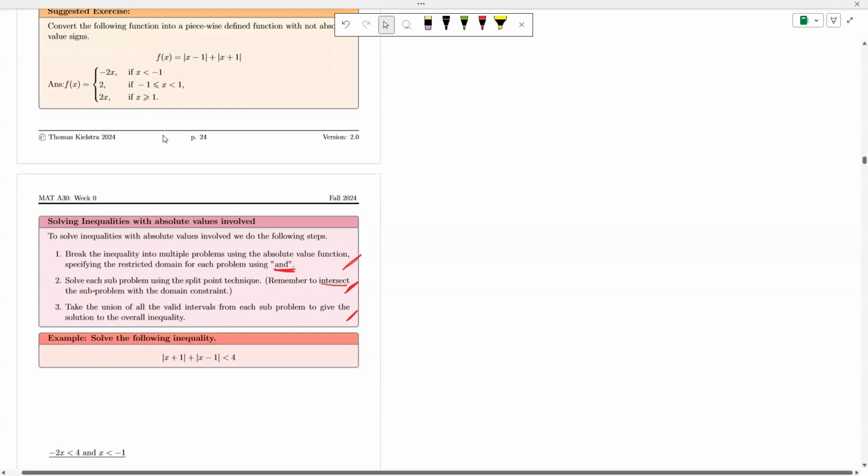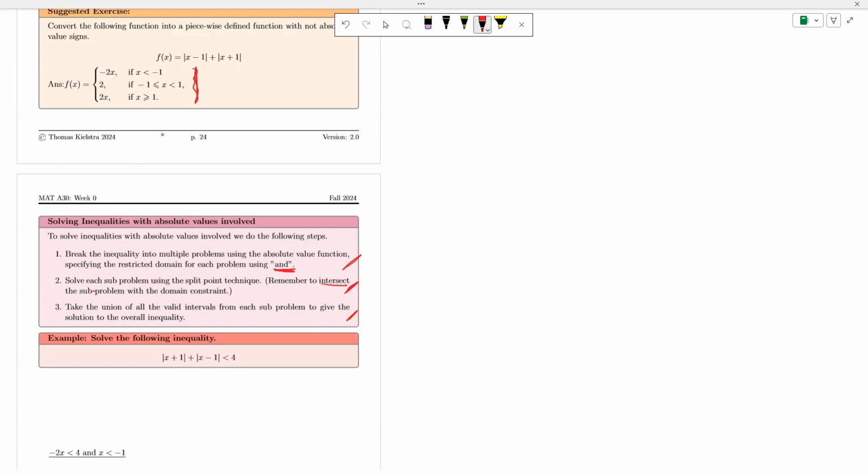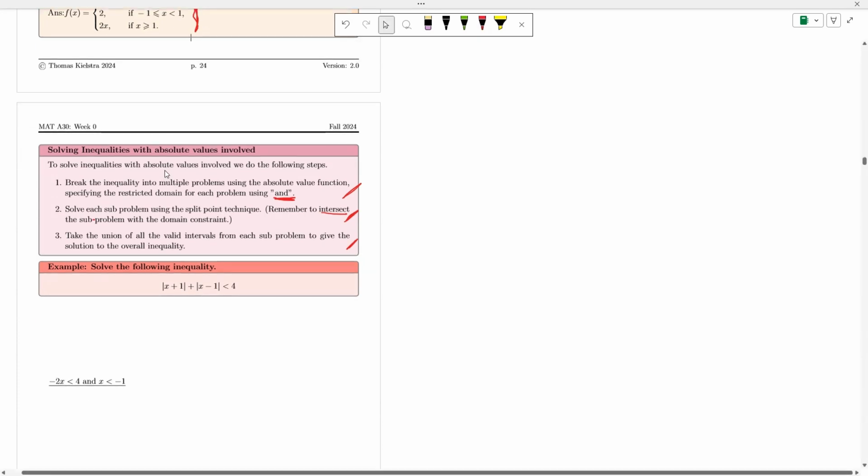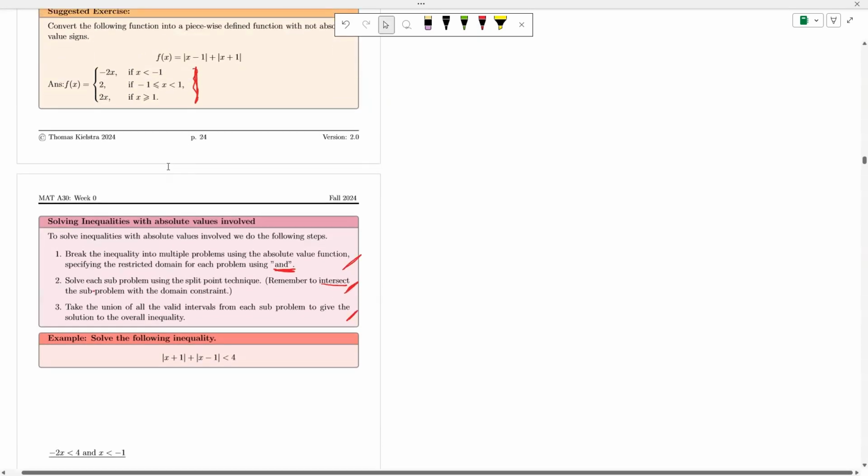And as an exercise, you were supposed to show that it breaks up into this function. So we're not going to go through that together, but we're going to have 3 separate inequalities.